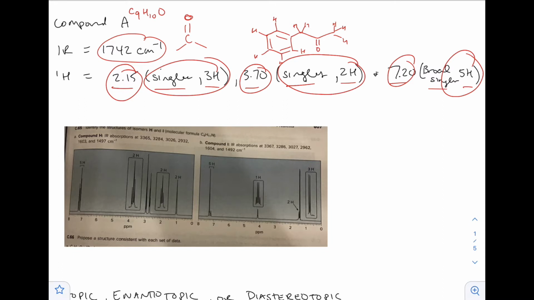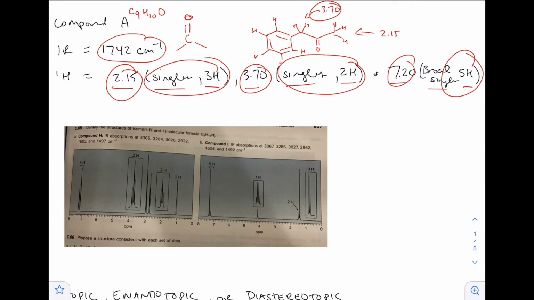Okay, so this being at 3.70 and this being at 2.15. This was a problem for the student who asked me this question. What's up with this chemical shift that's really far?